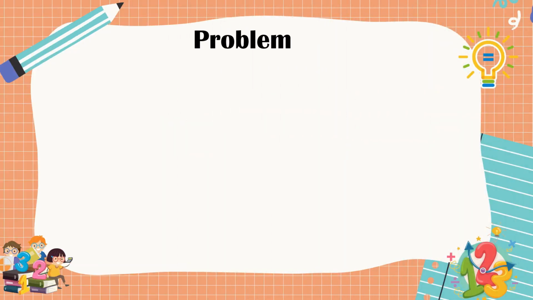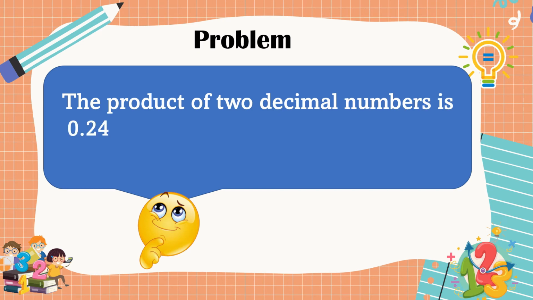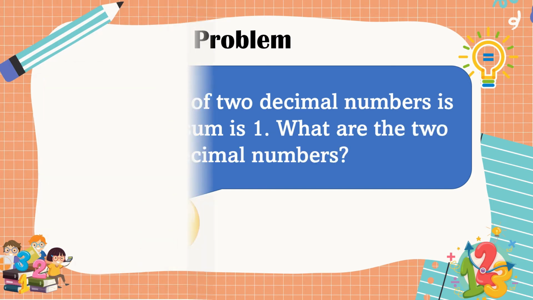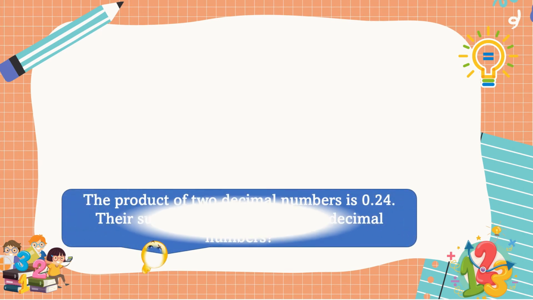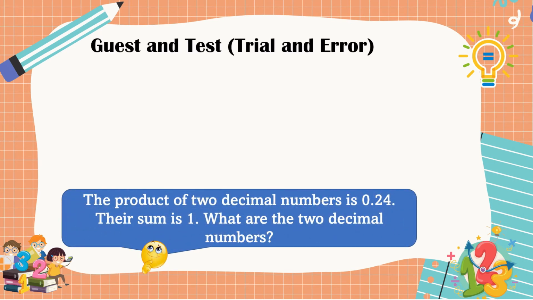This is our second problem. The product of two decimal numbers is 24 hundredths. Their sum is 1. What are the two decimal numbers? The second problem is a non-routine problem, so we can use guess and test or trial and error.